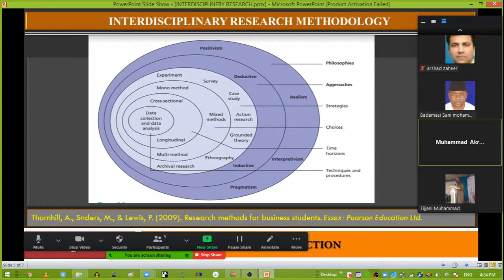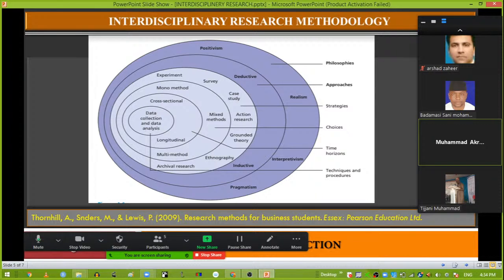This thing is very important. All the detail of these categories or layers, the philosophies, different methodologies and different approaches, we will be discussing one by one in our coming sessions.